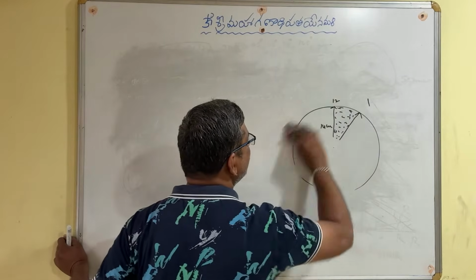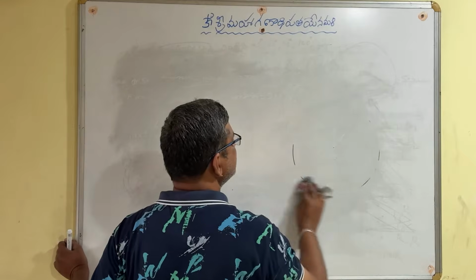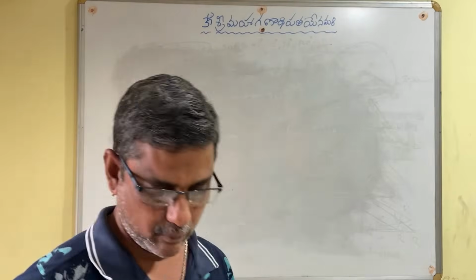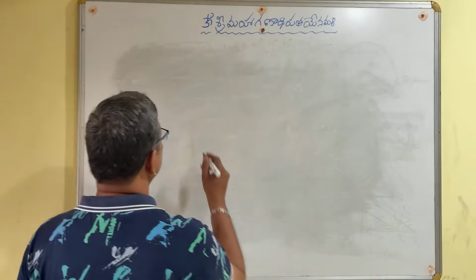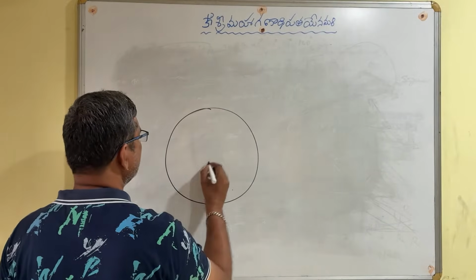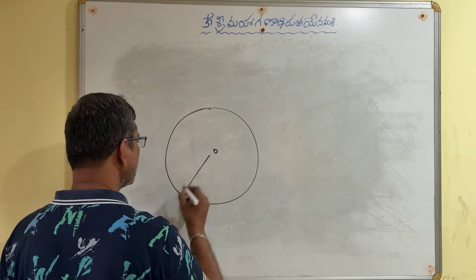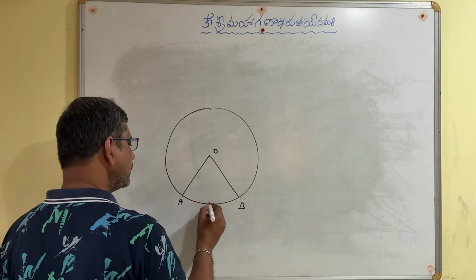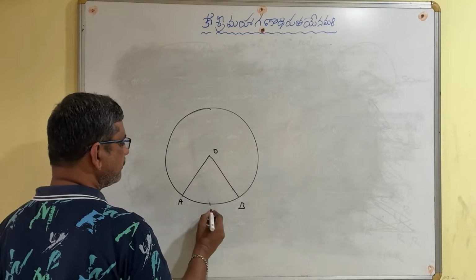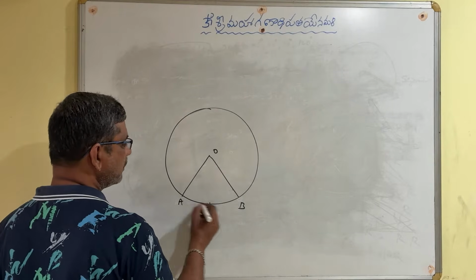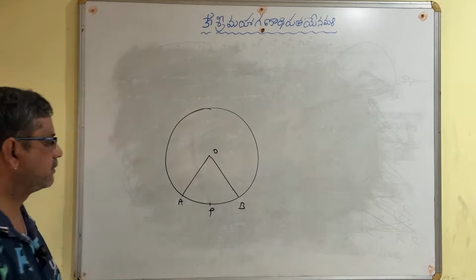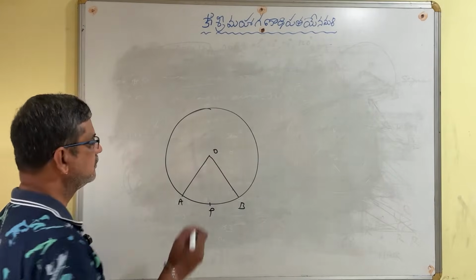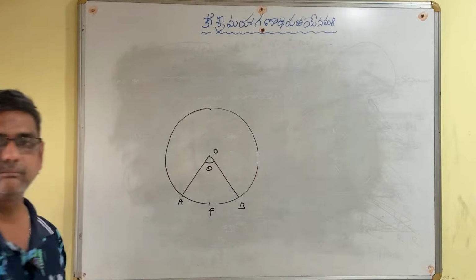First, let us understand what a minor segment, major segment and major sector are. Suppose there is a circle with center O and there is a sector AB. If you mark a point on the minor arc AB, OAPB is a sector with sector angle theta.